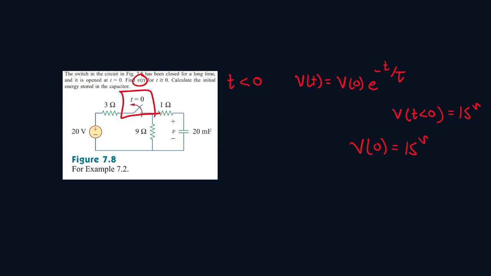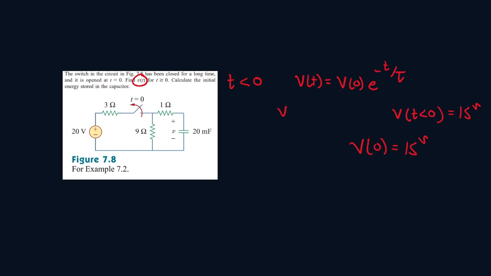It has to start changing at a steady pace. So at the second t is equal to 0, the voltage at that time is still 15, and then it starts changing. Okay, so we already have that done.